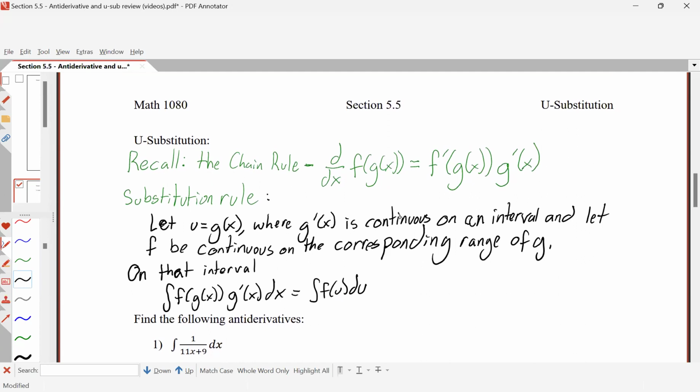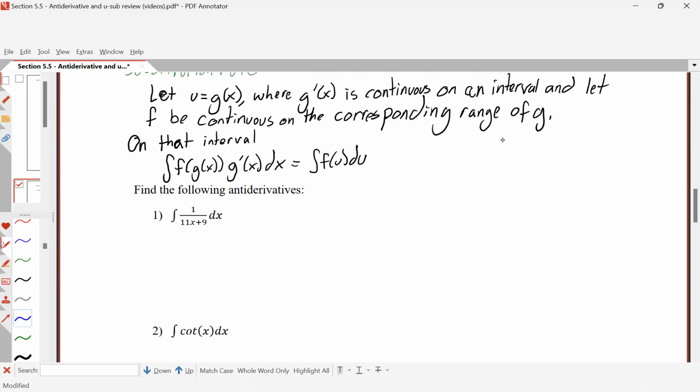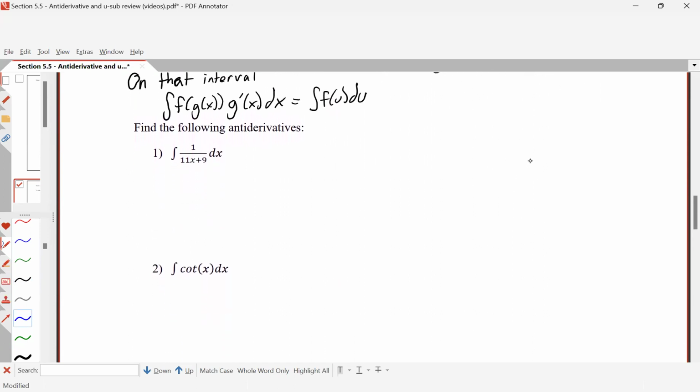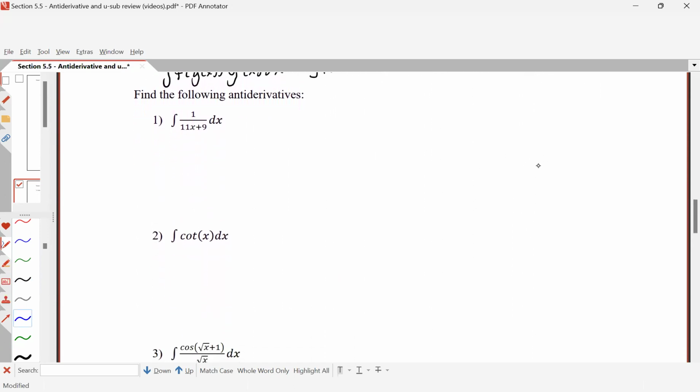Now, practically speaking, what are the steps we need to go through for U-substitution? We will look at these examples in the next video. I'm going to put our steps over on the side.